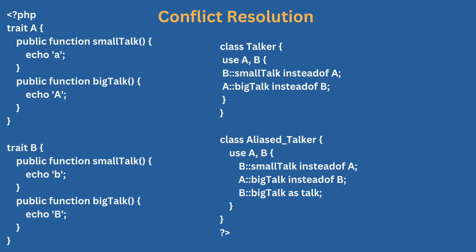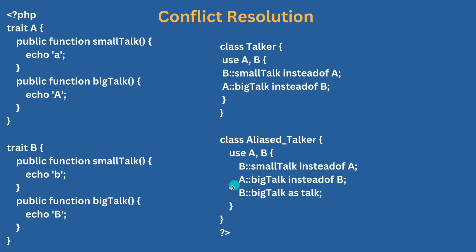So also there is another thing. If I have to call this big talk of A and B both, how can I do it? One is you are calling B small talk, but A big talk.